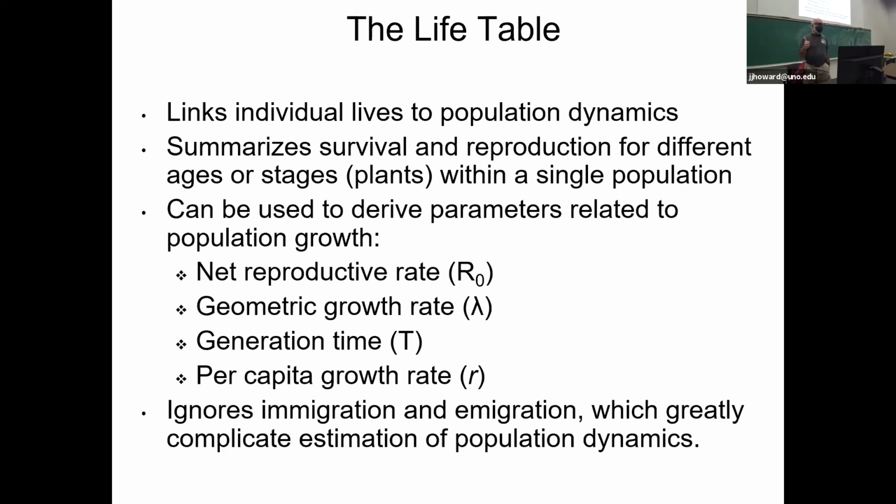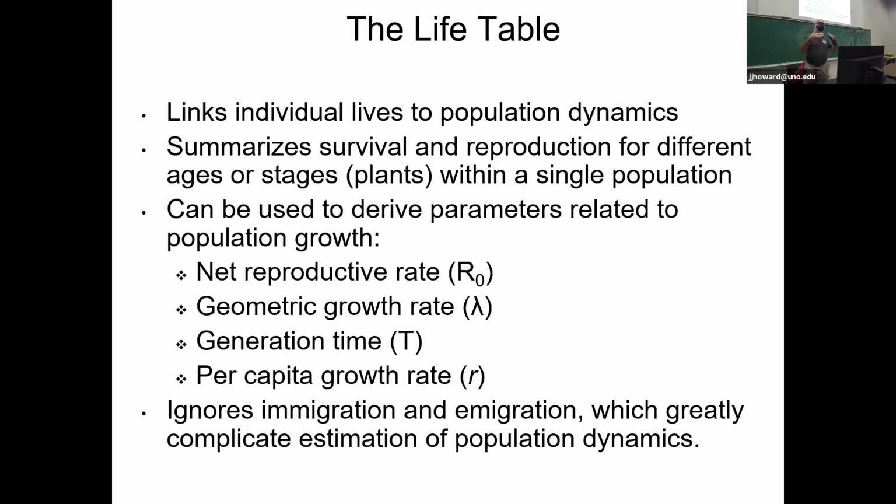The first one, net reproductive rate, we derive directly because you just sum up some of the stuff in the life table, and that gives you the net reproductive rate. That's the number of offspring an individual can expect to have in their lifetime. Okay, but from that, we can get a geometric growth rate, which is the rate of reproduction for a specified period of time.